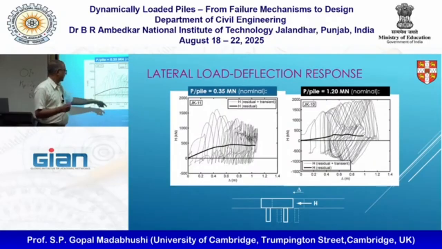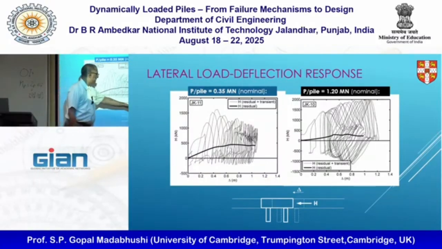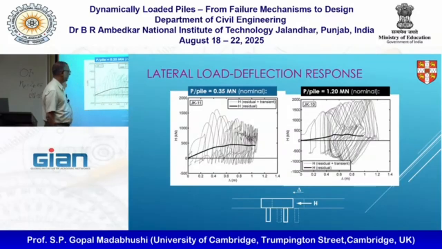So you're plotting one against the other. Because there are 4 piles. And delta is how much the deflection is happening. So at the beginning, horizontal load is 0 and deflection is 0.